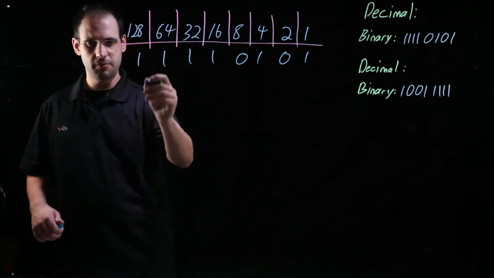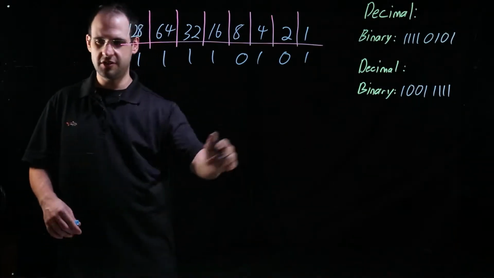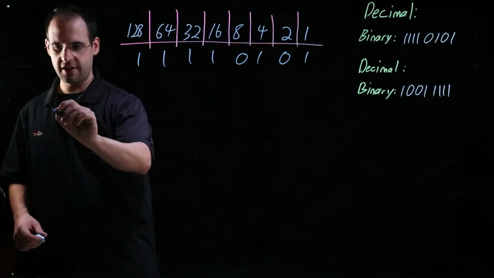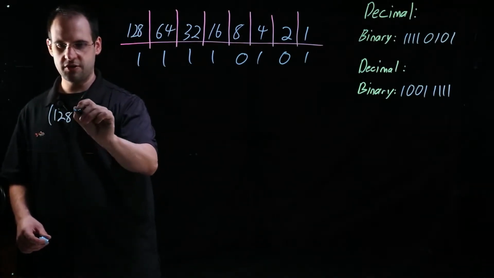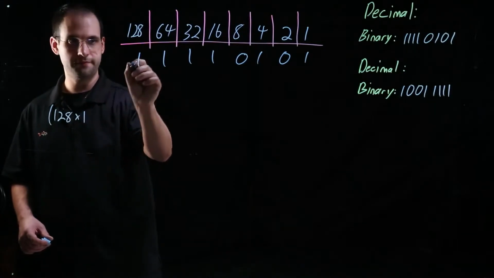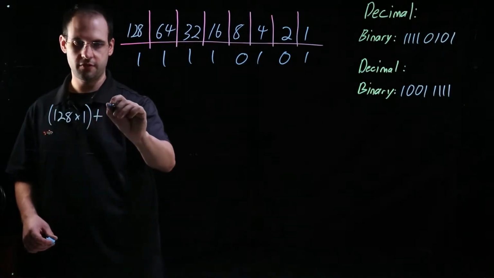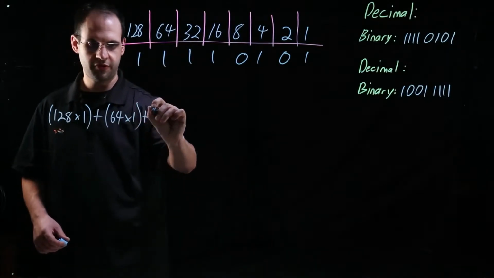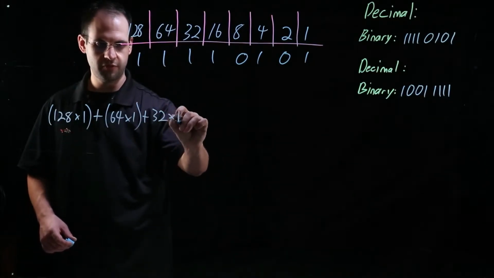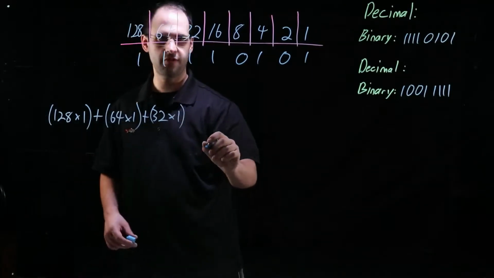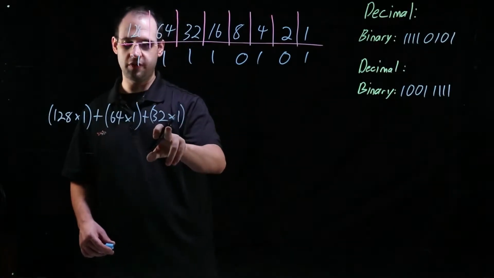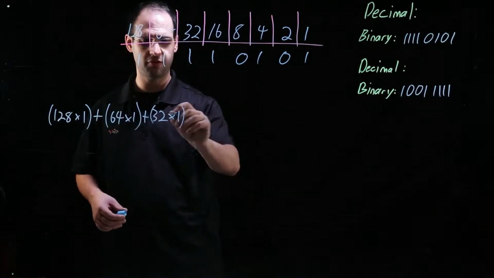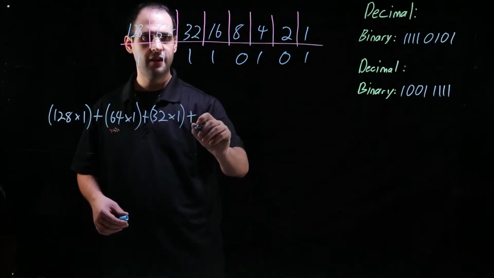I'm going to work over here because I tend to write a little large. We're going to say 128 times 1, plus 64 times 1, plus 32 times 1, in parentheses. You want to do the multiplication first in each of these before you go on to the addition, so that's what the parentheses are for.